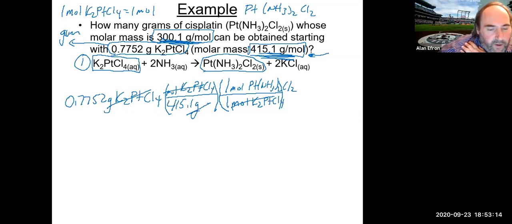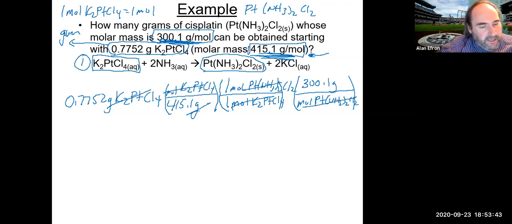If I stop right here, I am in moles of the product, but we don't want moles, we want grams. So we need to do that last step where we convert from moles back to grams using the molar mass, which they were nice enough to give us as well, 300.1 grams per mole of this one. These moles will cancel, leaving us grams.